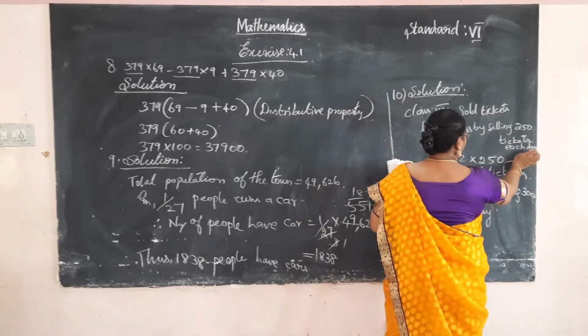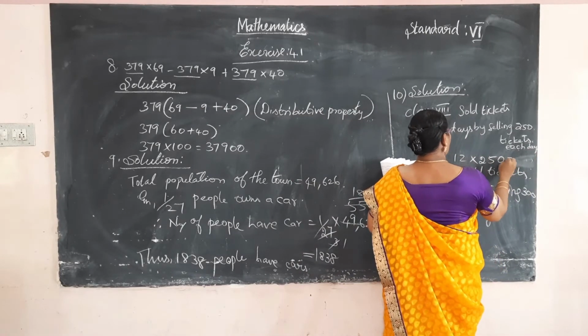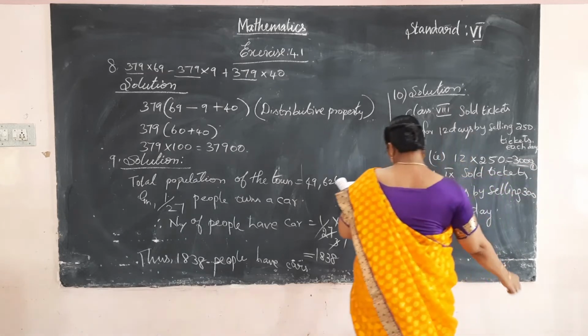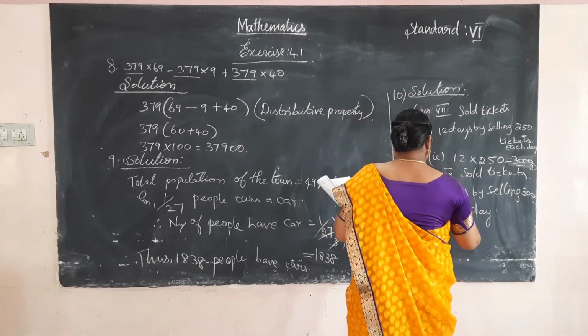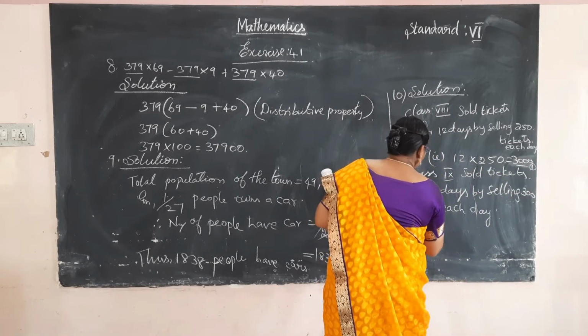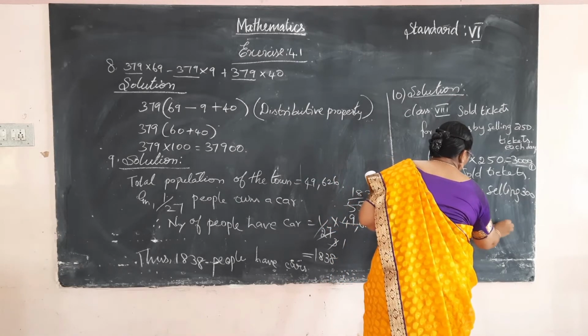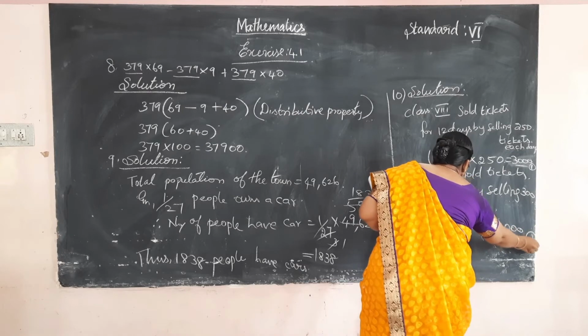So what is the value? Calculate: 12 into 250 is 3000, equation number 1. And here 10 into 300 is equal to 3000, equation number 2.